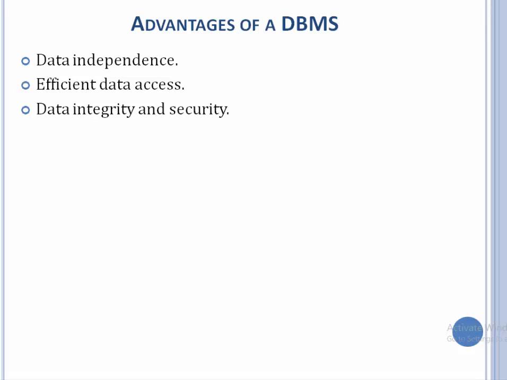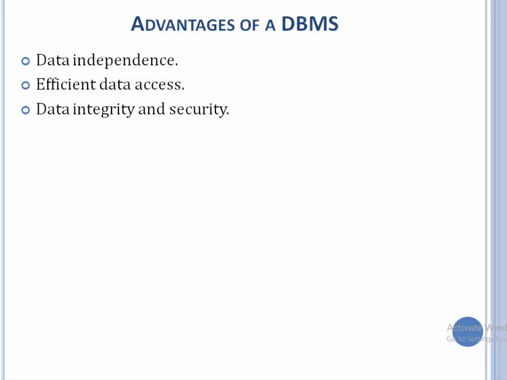So if we are updating the salary of an employee, it must check that the department budget must not exceed. That is called data integrity. And after that, it must provide security to the data stored in the database, or provide access controls on who can access the data.